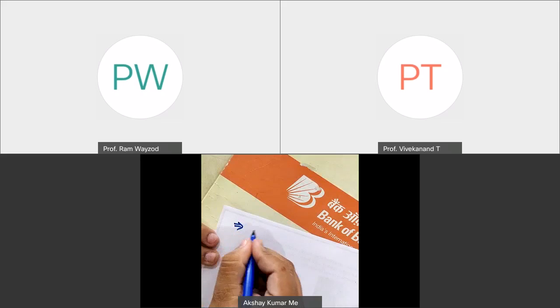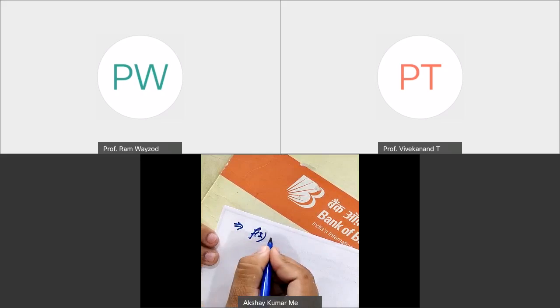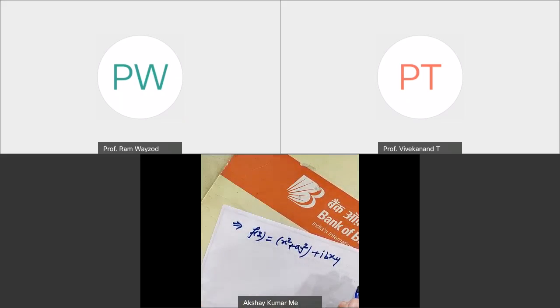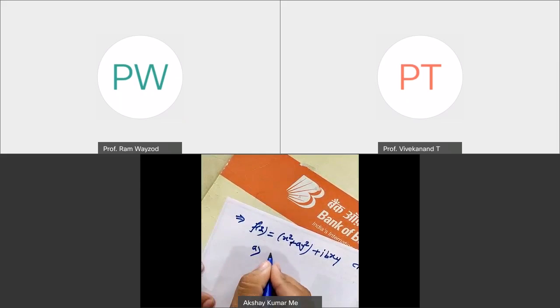Suppose we have f of z is equal to x square plus a y square plus i b xy, which is any complex analytic function. Remember, this is an analytic function. Then find the value of a and b.